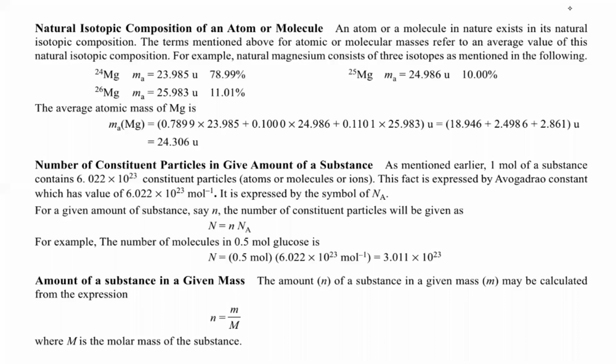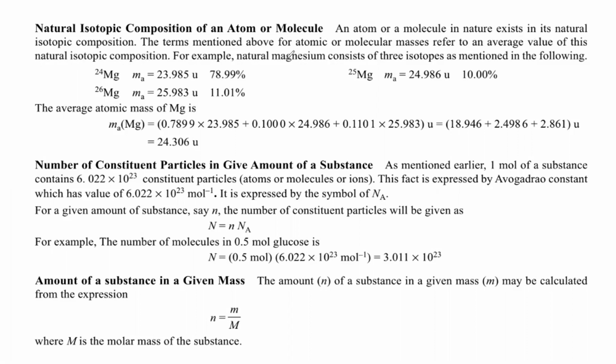Next, natural isotopic composition of an atom or molecule. An atom or a molecule in nature exists in its natural isotopic composition. The terms mentioned above for atomic or molecular masses refer to an average value of this natural composition.